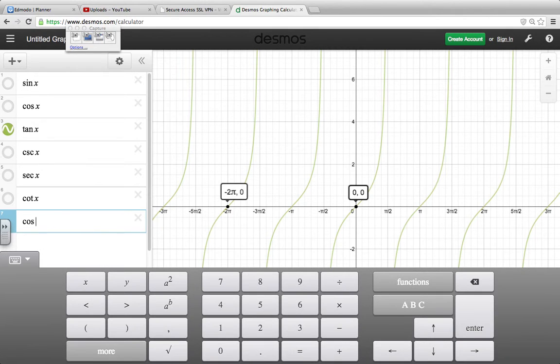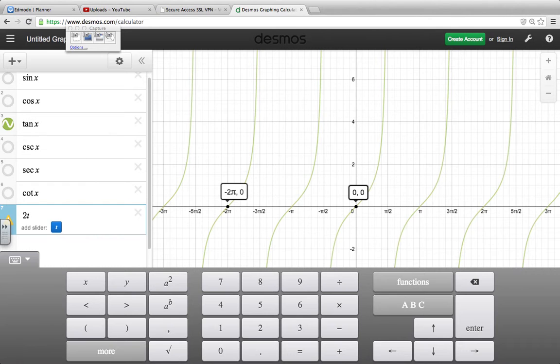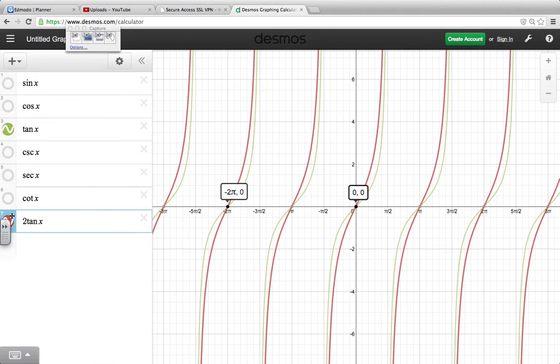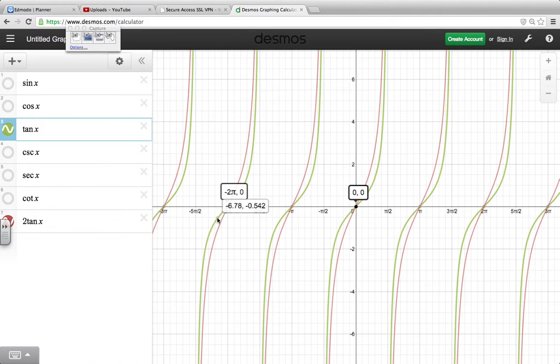Let's see what happens when we do the same ideas. So we'll talk about a vertical stretch of tan. Let's say we want a vertical stretch of 2 tan x. This vertical stretch makes every single one of the y values twice as high. And it'd be nice if I could show you a good one here.